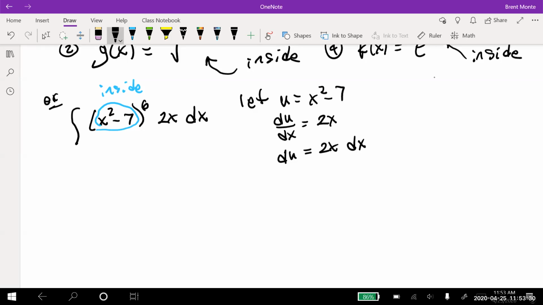You can kind of think of that as multiplying both sides by dx. That's not technically, literally what we're doing, but du is equal to 2x dx. And this 2x dx we see right here, so that is just going to become du.